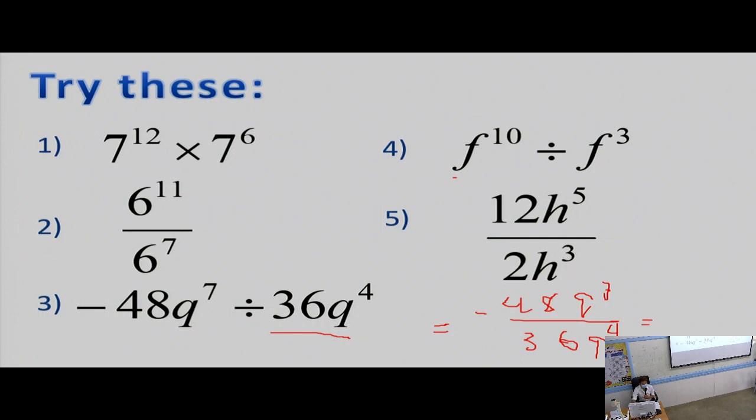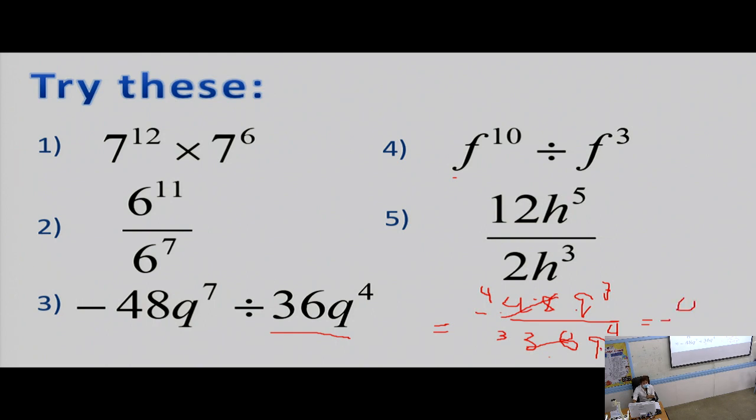What would be our answer? Negative 48 divided by 36. This will be divisible by 12, right? So 48 and 36 would be 4 and 3 when divided by 12.